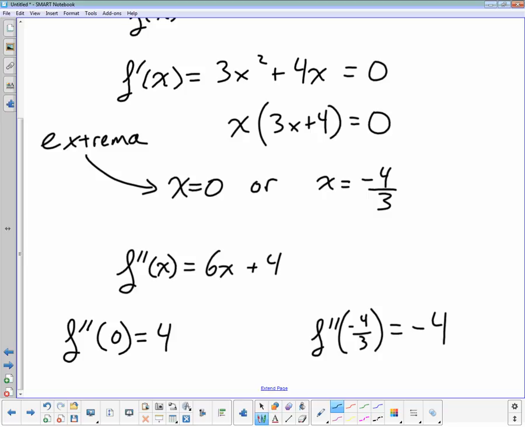That tells me right here, this one has a positive curvature. And if I have a positive curvature, what does that tell me about this one? That it's a minimum. And this one has a negative curvature, so it is a maximum.